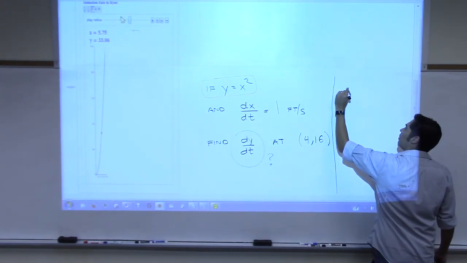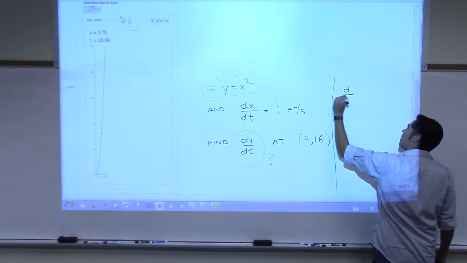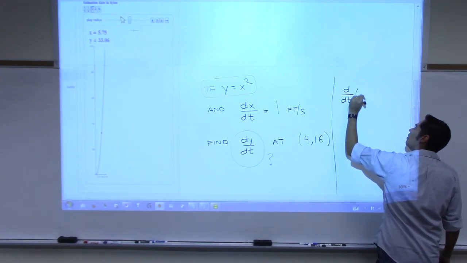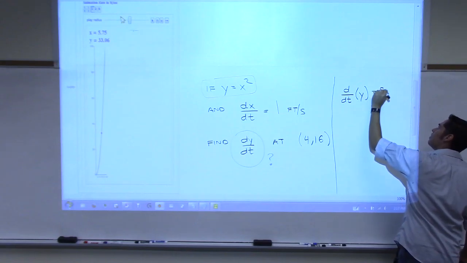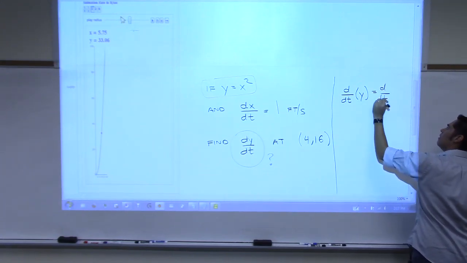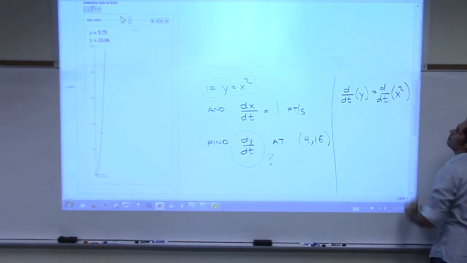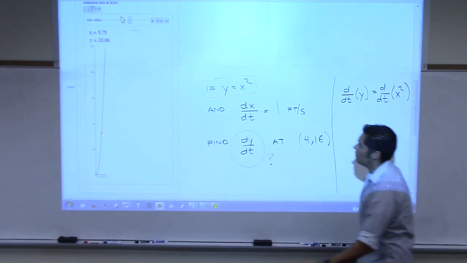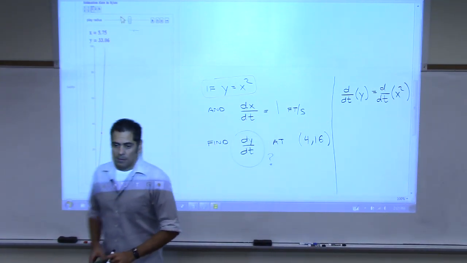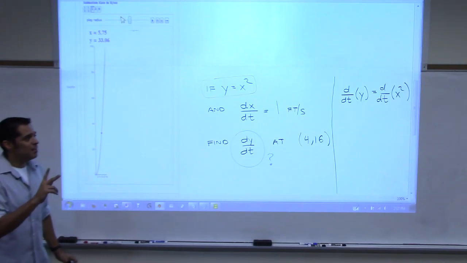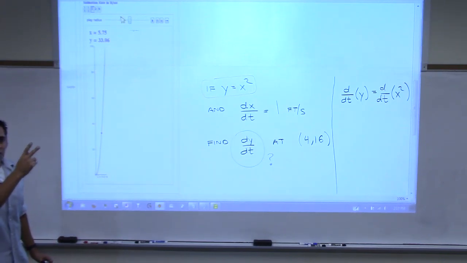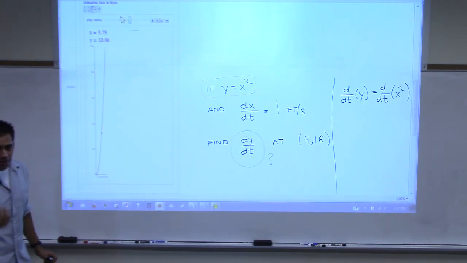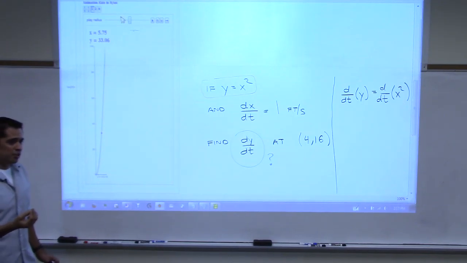So I'm going to take my derivative. I'm going to go a little slower, kind of like we did last class. I'm going to take the derivative of the left side with respect to time equals the derivative of the right side with respect to time. Both the left and right hand sides have variables that are not the variable I'm differentiating with respect to, which means both of them get chain ruled.